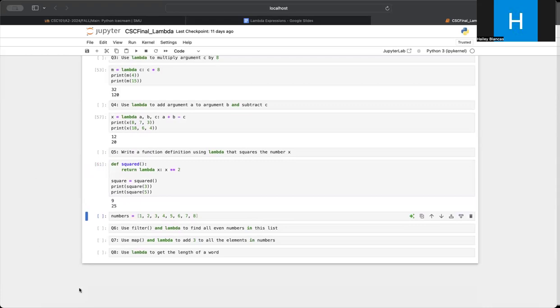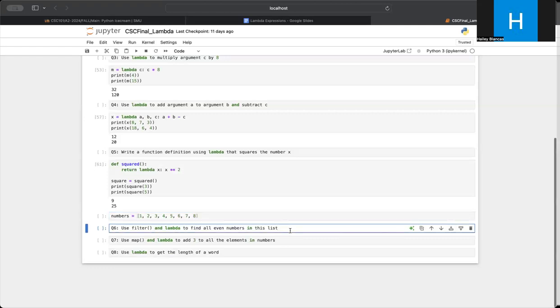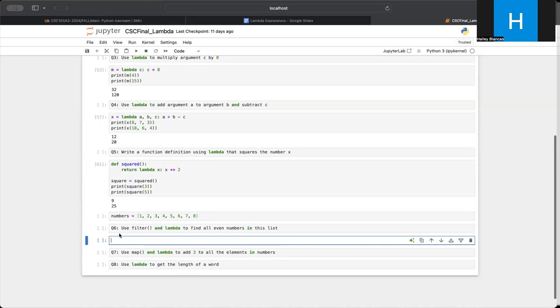In questions 6 and 7, we're going to use this list, numbers. Numbers contains the elements 1, 2, 3, 4, 5, 6, 7, and 8 in a list. Question 6 says, use filter and Lambda to find all even numbers in this list. We're going to create a new list, which we're going to call even.